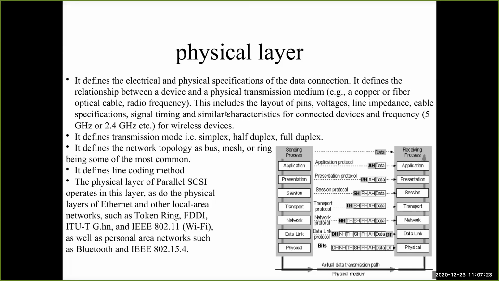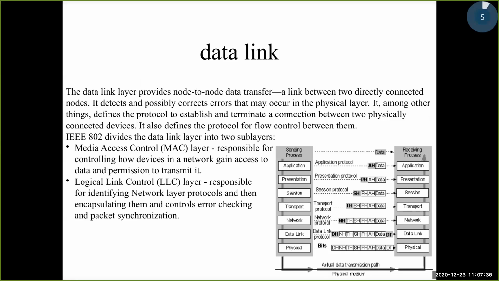So in the physical layer, we have to define pins or type of connector, voltage levels, etc. When we go up to the data link layer, it lets us connect nodes, so to perform node-to-node transfer.